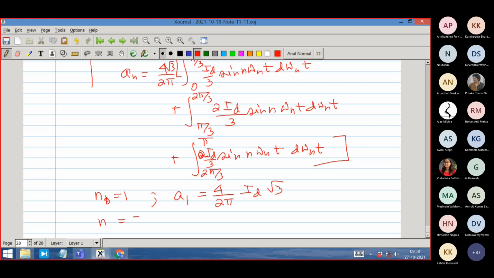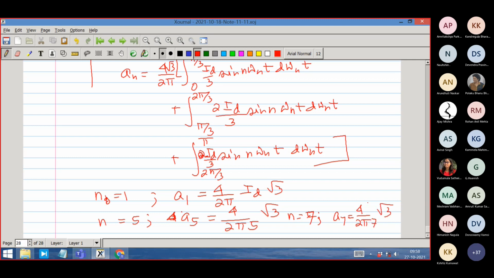For n equal to 5, A5 is equal to 4 by 2 pi by 5 into root 3, and for n equal to 7, A7 is equal to 4 by 2 pi 7 into root 3.